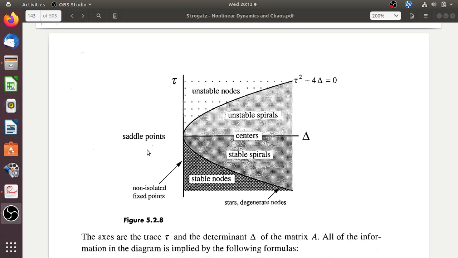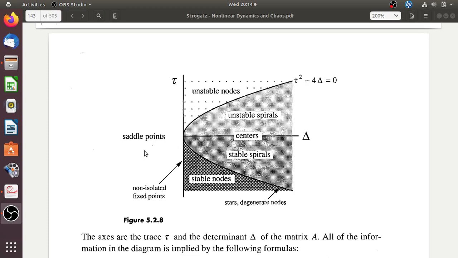Lambda 1 times lambda 2 is equal to some negative number. Then there is only one possibility: one eigenvalue is negative and the other is positive, right? That is the only option.